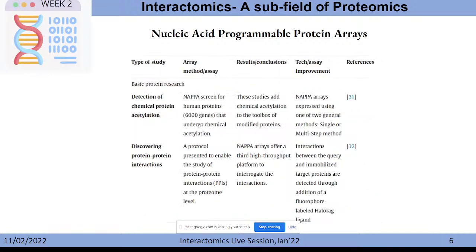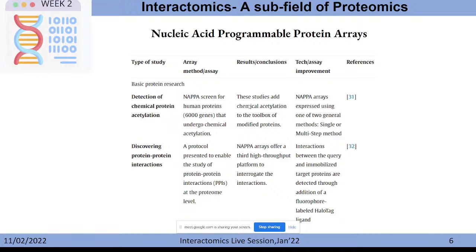Now, what are the different applications for which you can use the nucleic acid programmable protein arrays, the NAPA arrays? You know the detection of chemical protein acetylation. NAPA can screen human proteins, 6,000 genes that undergo chemical acetylation.